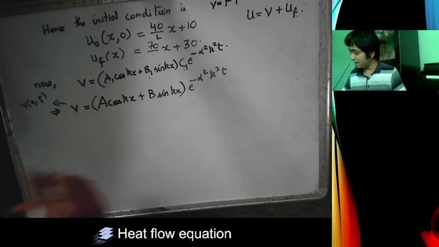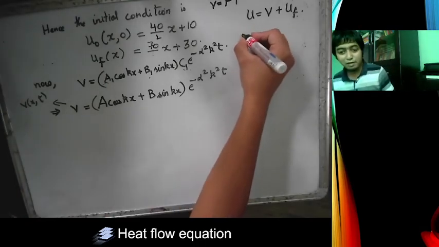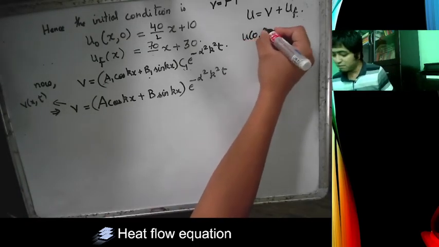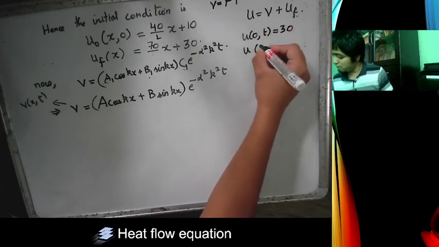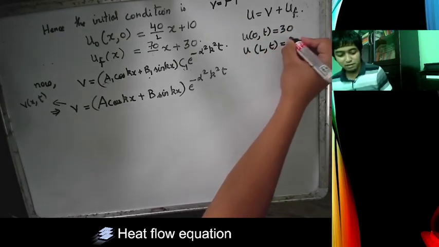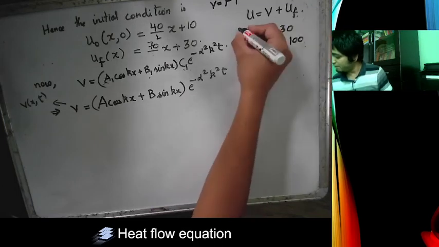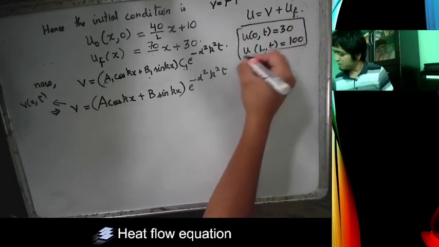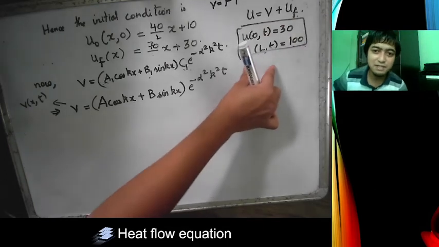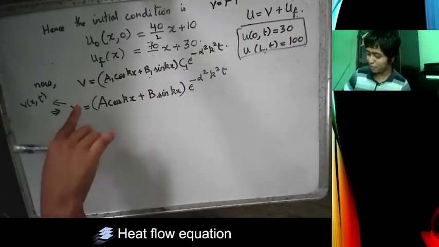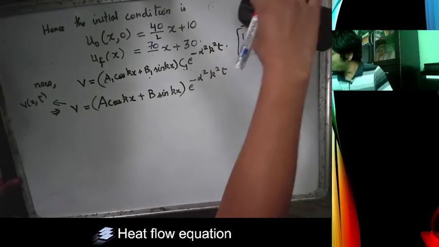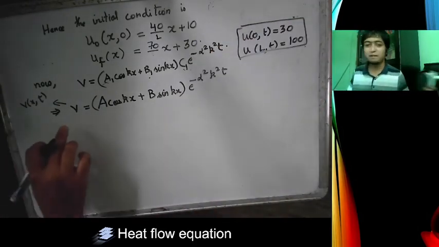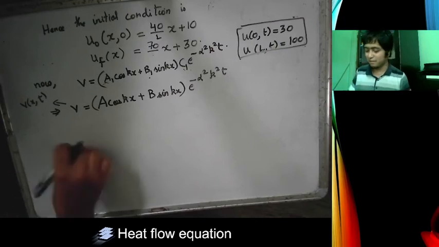So we had the boundary conditions u(0,t) equal to 30 and u(L,t) equal to 100. So these were the boundary conditions for u. But now we have v. So what we will do now is find the boundary conditions for v, which I will do here.